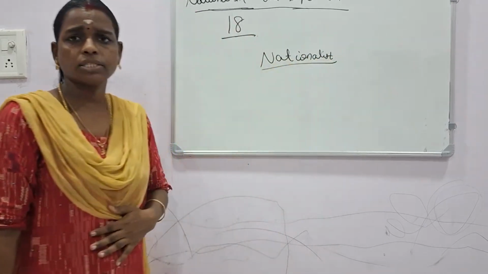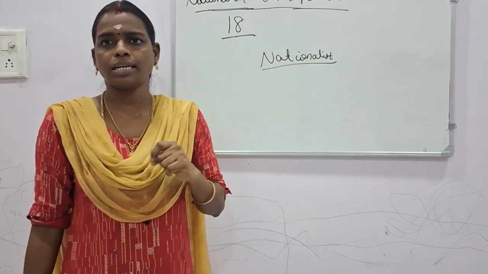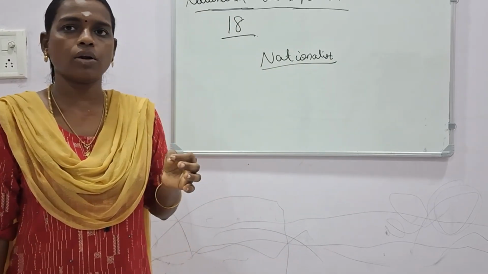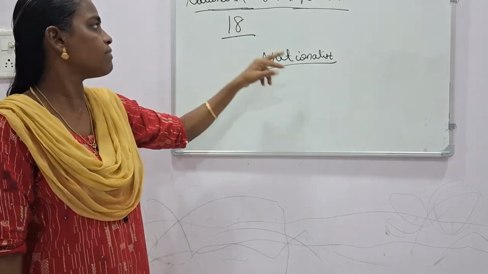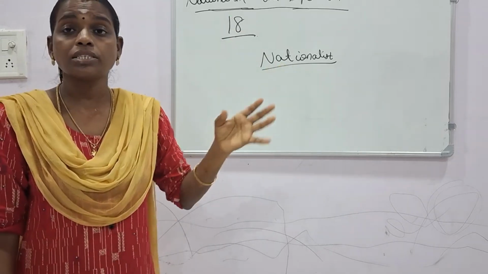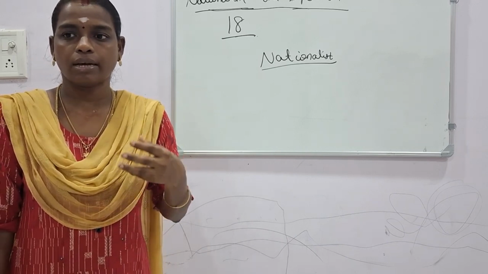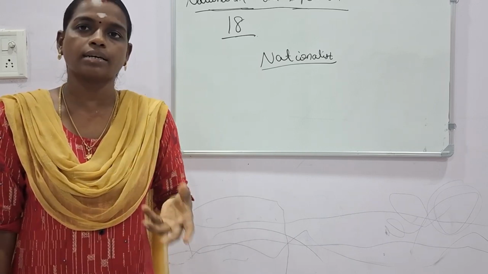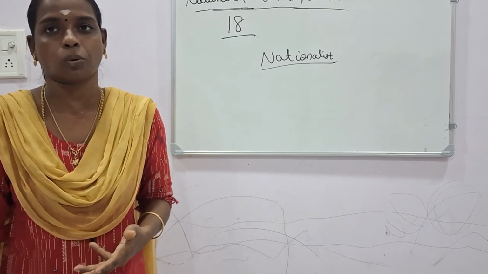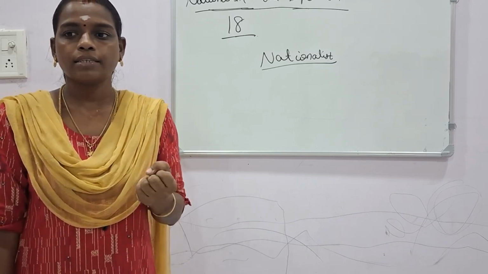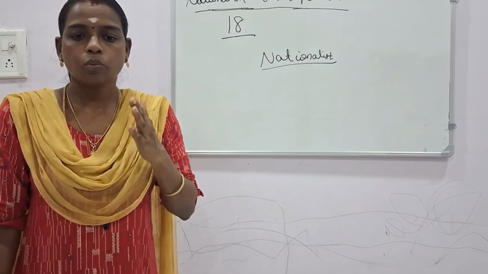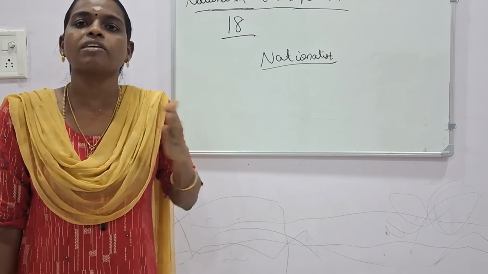Who were the nationalists? The people who follow the nationalist idea, or nationalism, they were the nationalists. So the nationalists who were intolerant were not ready to adjust with anyone, not ready to adjust with the ideas of any other country, and they wanted to go to war also. Actually, a true nationalist should save the country.